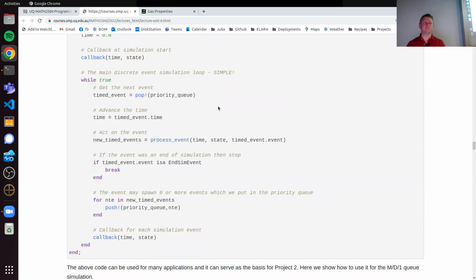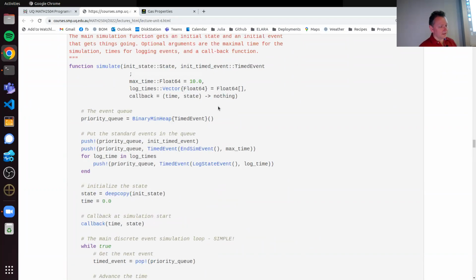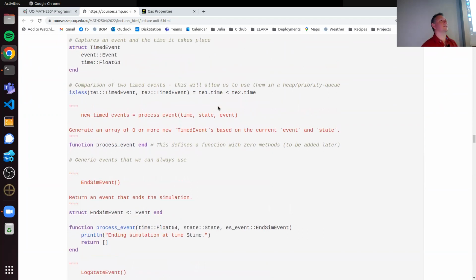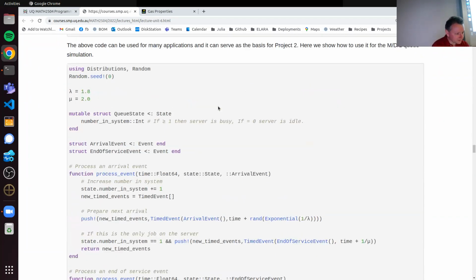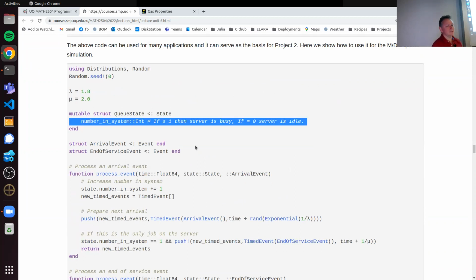Remember, for example, at the very end of project 2, you're doing things like at the beginning of project 2, it's very much like this, except there's more than one queue. So when there's more than one queue, you're going to need more than one integer there in the system state, right? But we're also asking you at the end of project 2 to do more complicated analysis, which depends on tracking how long a person waits in a queue and things like that.